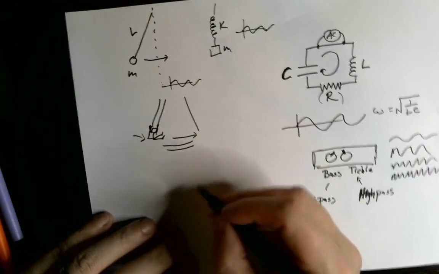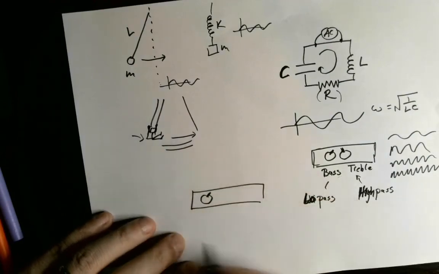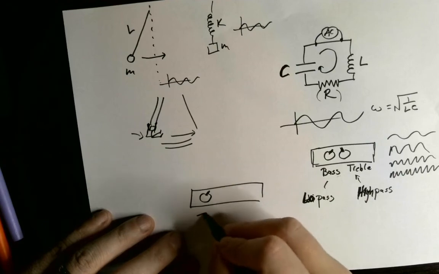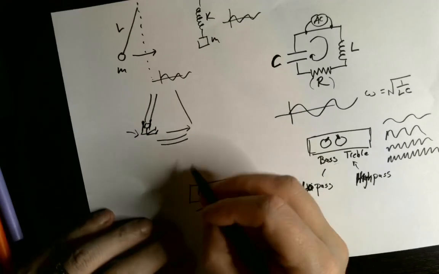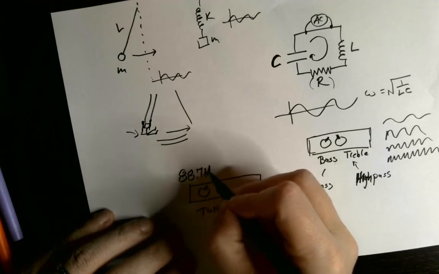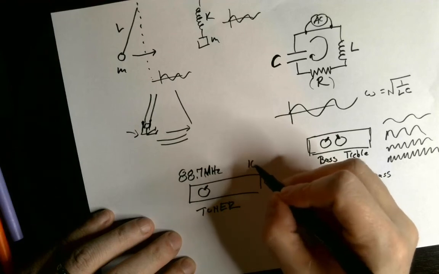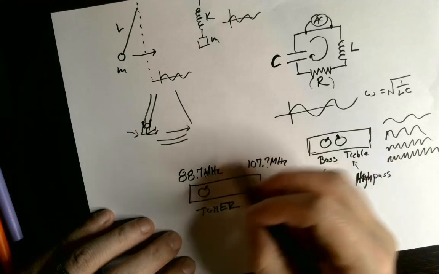Even something like the knob that tunes an old FM radio, where you select the frequency on the dial from 88.7 megahertz at the bottom all the way up to, I don't know what the top is, 107 point something megahertz at the top of the FM dial.